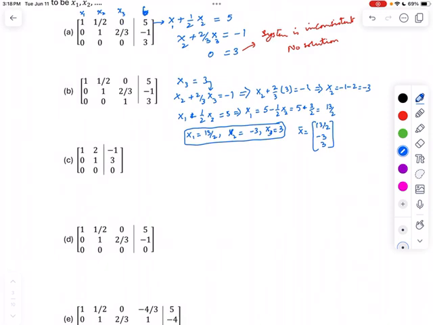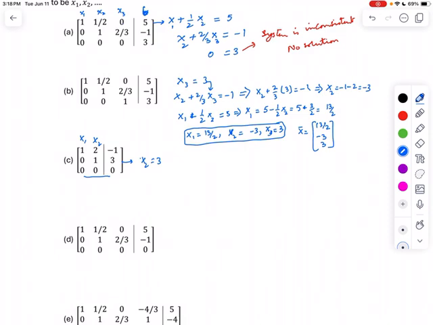Okay, looking at number C. You should be able to read, now the last row is just giving you 0 is equal to 0, so that doesn't give us any information. But the second row gives us x2 equals 3. How do I know it's x2, not x1? Well, remember, you can write these x's on the top.